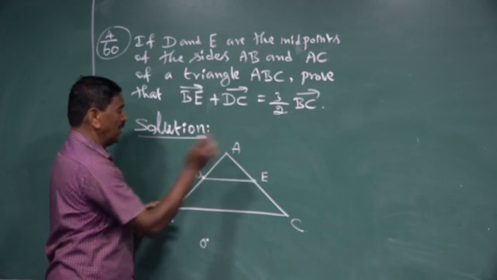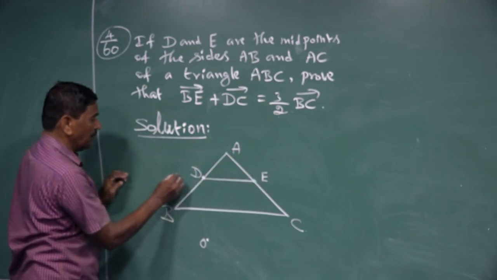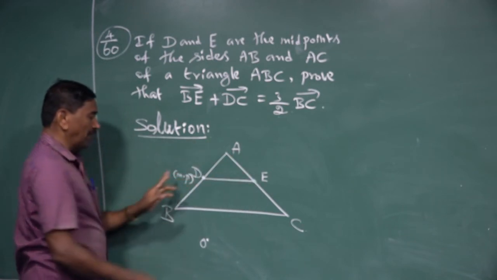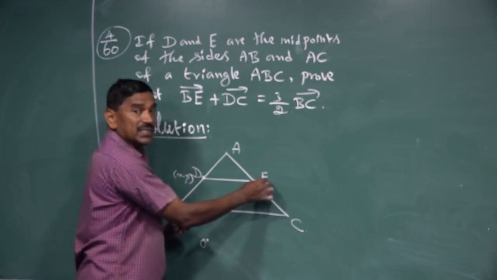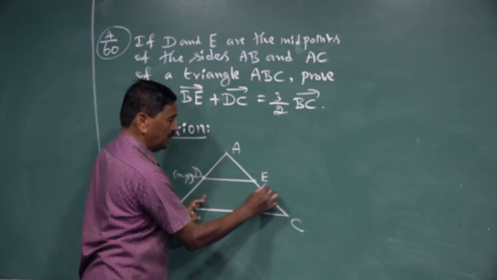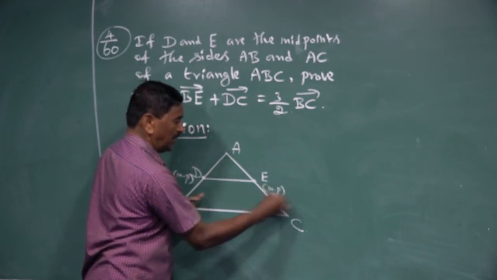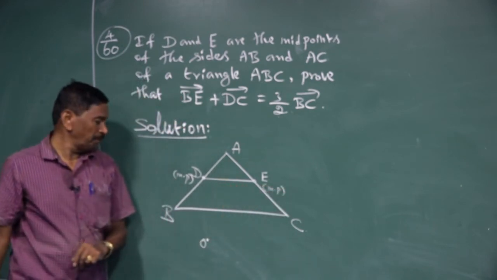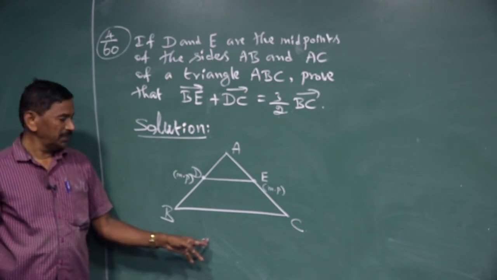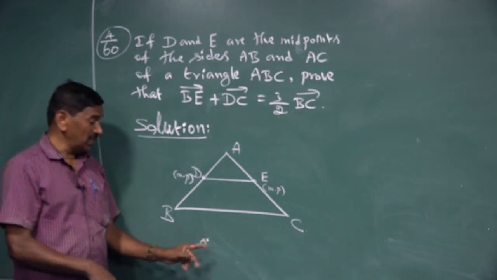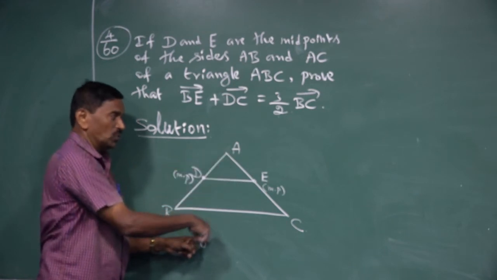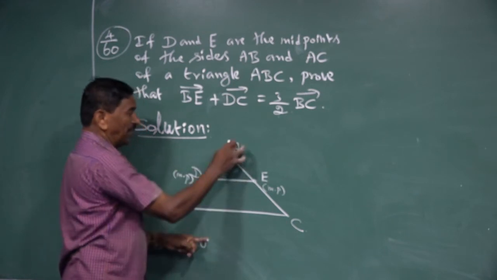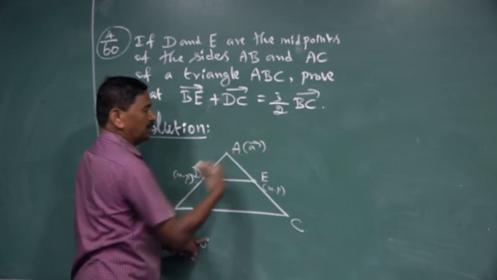So join DE, where D is the midpoint, and E is the midpoint of AC. Next, let O be the origin. Then the position vector of A with respect to origin O, that is OA vector, is equal to a vector.